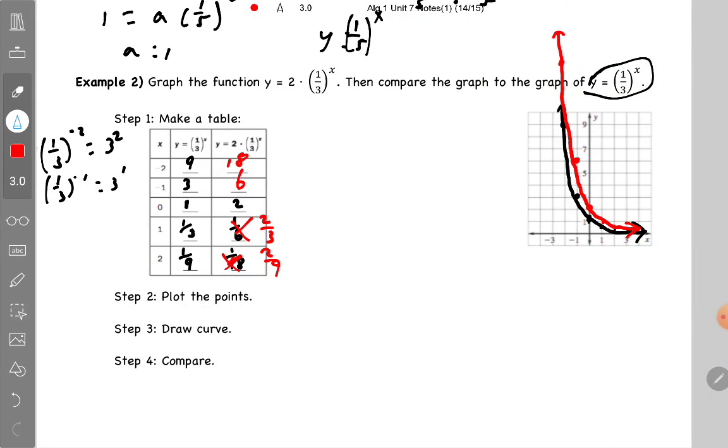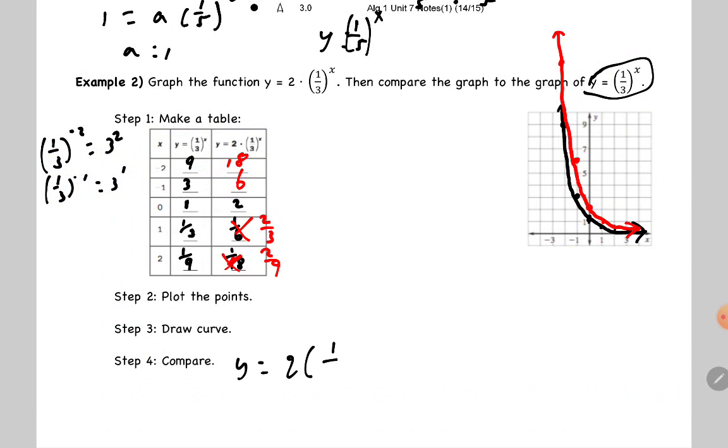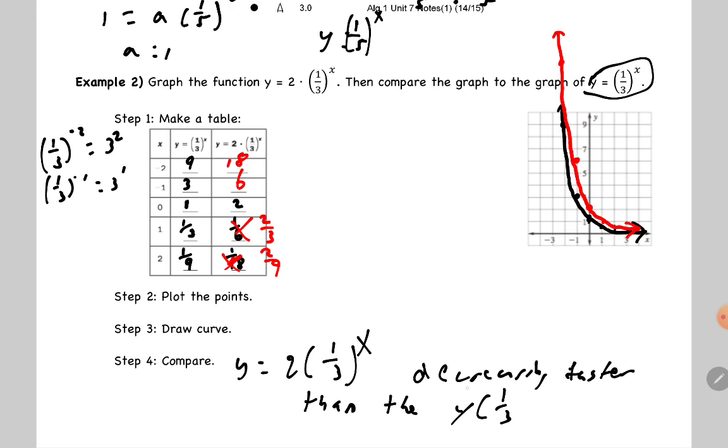So y equals 2 times 1/3 to the x is decreasing faster than y equals 1/3 to the x. This is a vertical stretch.